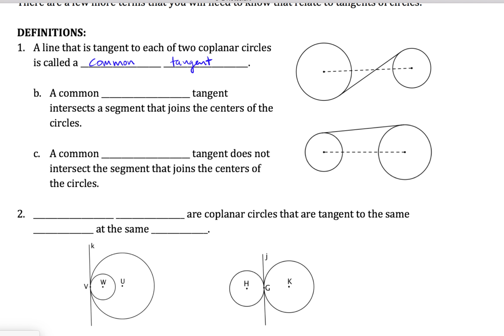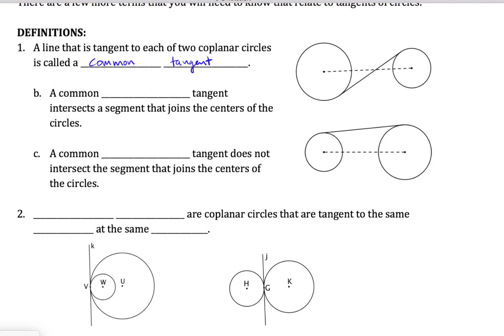And then we can break the idea of common tangents down into two further differentiations. We have a couple diagrams here. There are two diagrams that both show a line that's tangent to two circles, a big circle and a little circle. So we have this line here that's tangent to the big circle and the little circle here. And then we have this line here that's tangent to the big circle and the little circle on this lower diagram.